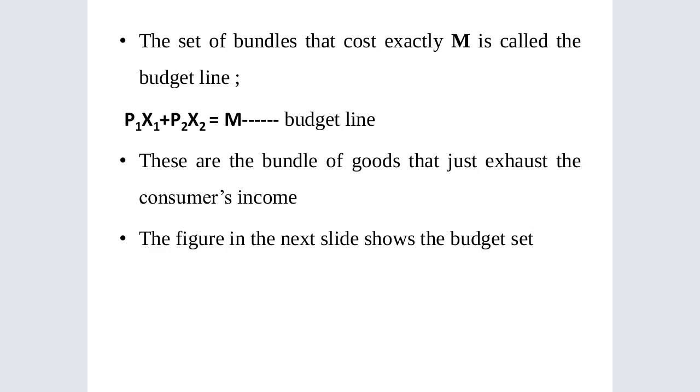So P1 X1 plus P2 X2 equal to M is the budget line. This represents the bundles of goods that just exhaust the consumer's income completely.